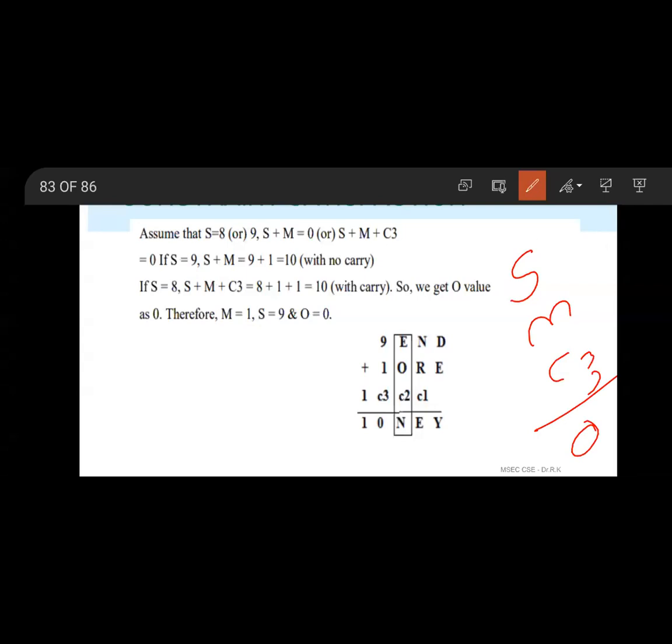Assume that S equal to 8 or 9, S plus M plus C3 equal to O.